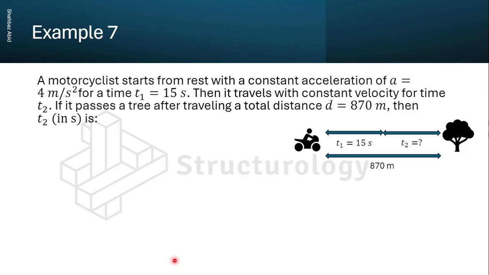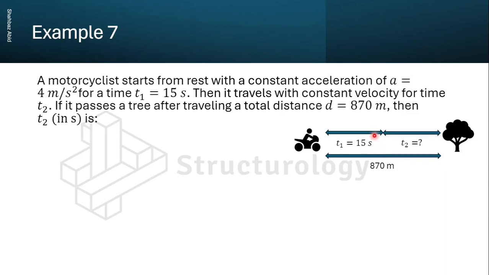This example is again going to be solved in 2 steps. First step is going to be constant acceleration and the second step is going to be constant velocity. In constant acceleration, in time t1 equals 15 seconds, a motorcyclist is going to cover some displacement.